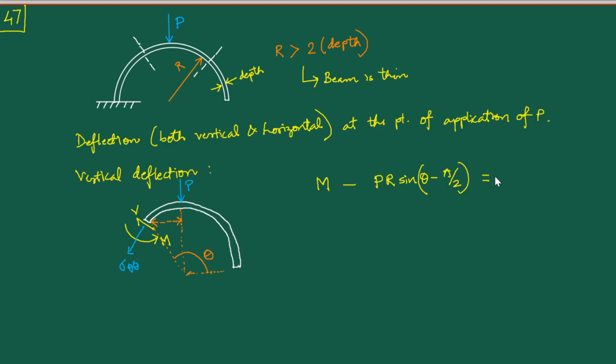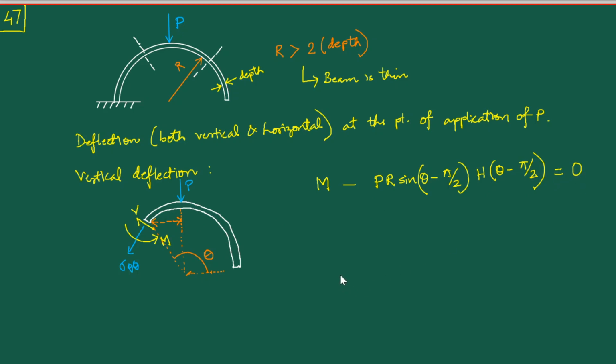So this is minus. Now we have to be very careful in incorporating the Heaviside or the step function, because as we have just discussed, this portion from theta equal to 0 to pi by 2 is not going to contribute anything to the moment. So this is our expression for M.